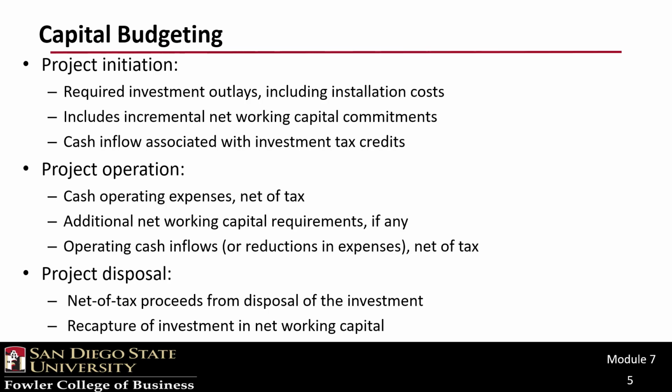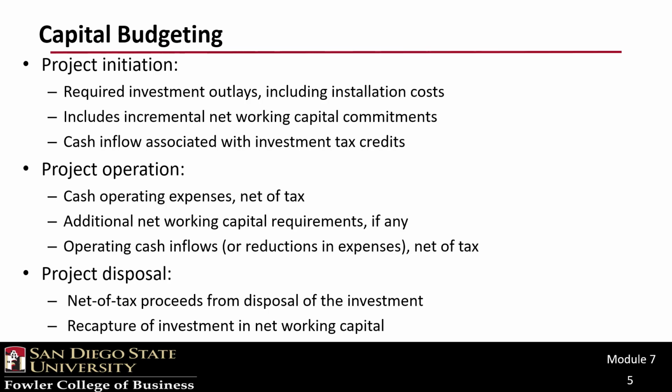And what are the cash flows associated with investment tax credits? Now, the investment tax credit in the U.S. is largely gone, but it does exist in some foreign jurisdictions, and a handful of states provide an investment tax credit.